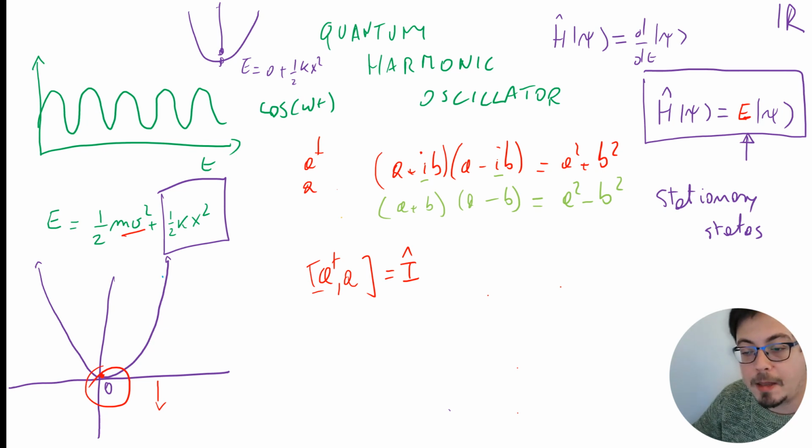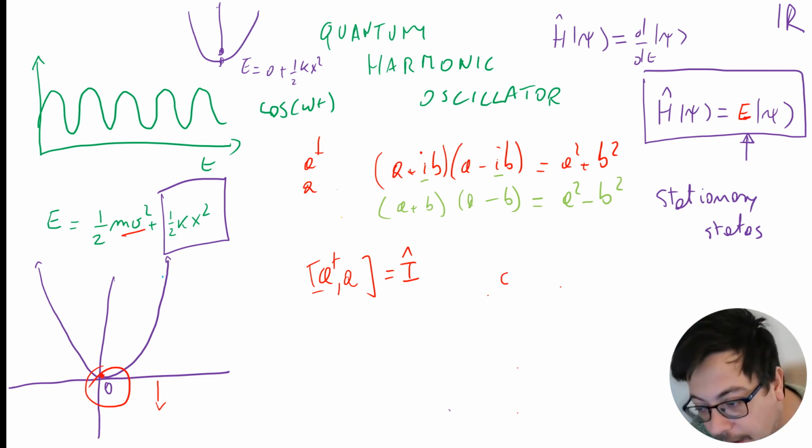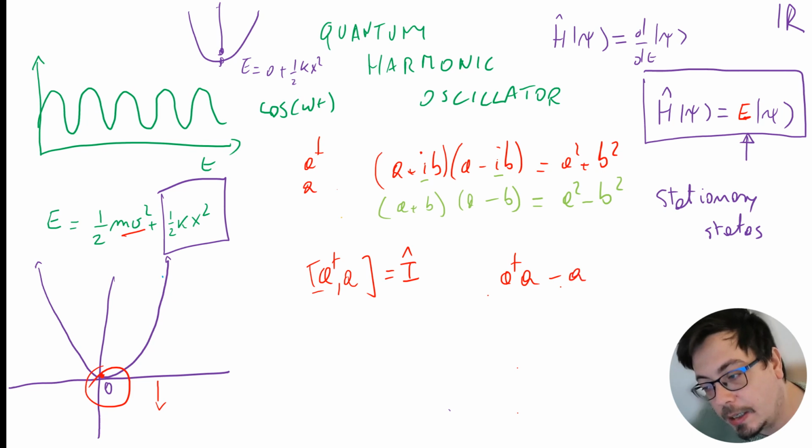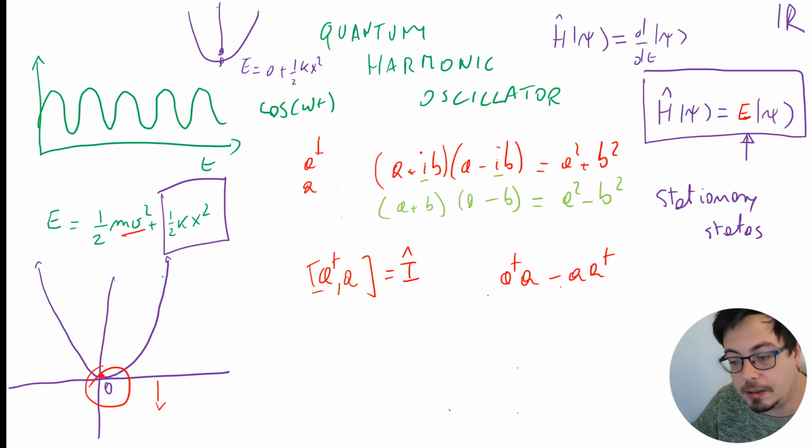This is because inside them they have x and p that have the same commutation relationship. So this means that a a dagger minus a dagger a, as you can see I swap the position of the two, is equal to identity.